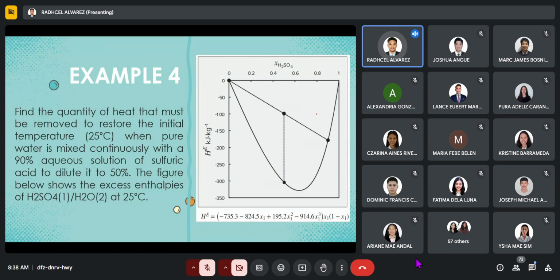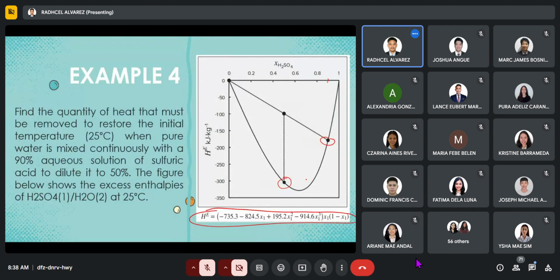So, una, meron daw kayong 90, 0.90. So, ito yon. Nandito siya sa pagitan ni 0.8 at ni 1. So, kaya nandito siya. Ano? And then, i-dilute nyo daw into 50%. So, nandito naman si 50%. So, ang tanong is, ano daw yung kailangang heat na matanggal? We are given here the equation. So, binigay rin na equation para mas accurate yung ating makukuhang sagot.